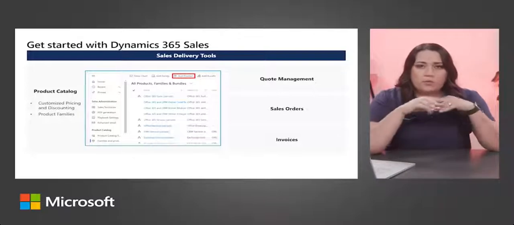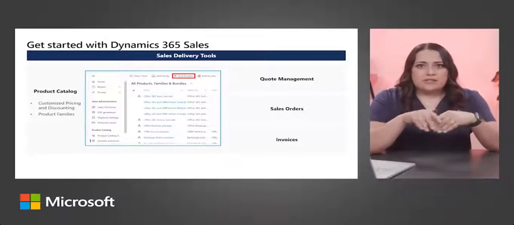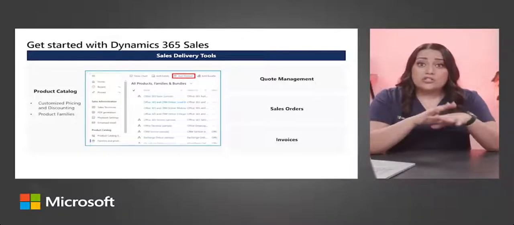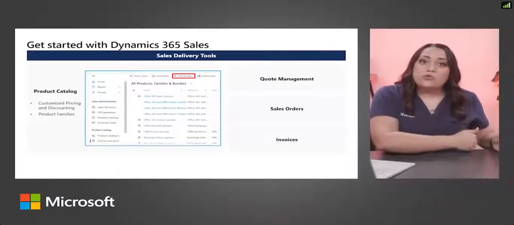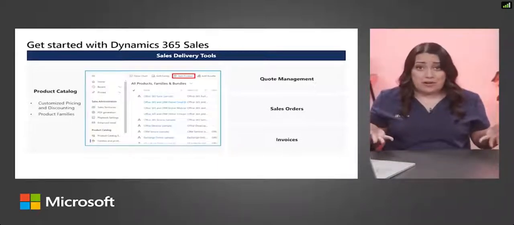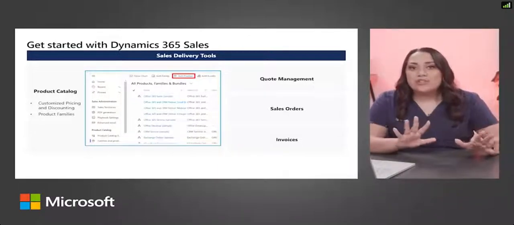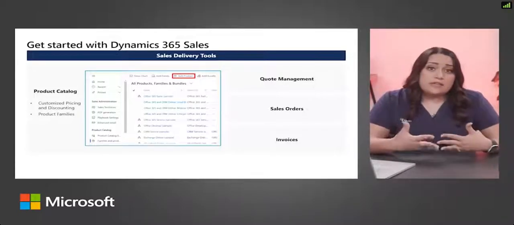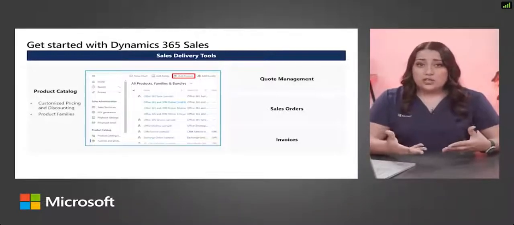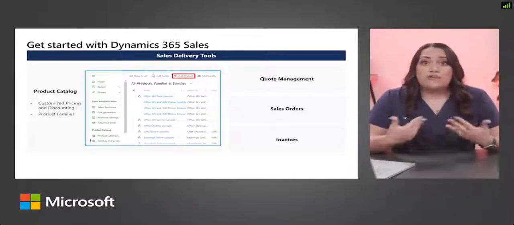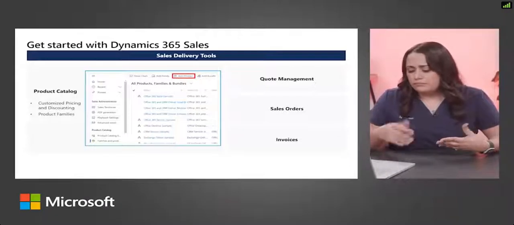Just remember, with sales inside of Dynamics, quotes, sales orders, and invoices can all be automatically generated from one another as you go through the process, which honestly makes it easier for everyone involved. And by leveraging all of the tools that are provided, your sales team can build those long-lasting relationships with your customers that honestly is going to help you generate revenue for years to come.